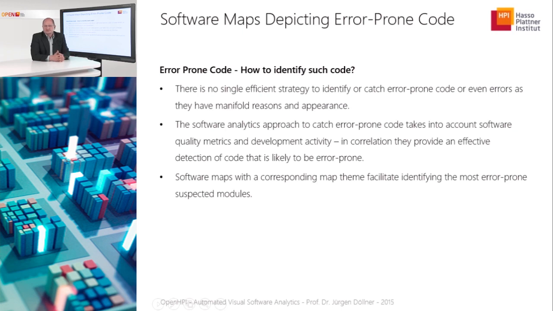Software maps with a corresponding map theme then facilitate identifying the most error-prone suspected modules. So this is our goal, to have a software map that helps us to identify modules that are suspected to have error-prone code.